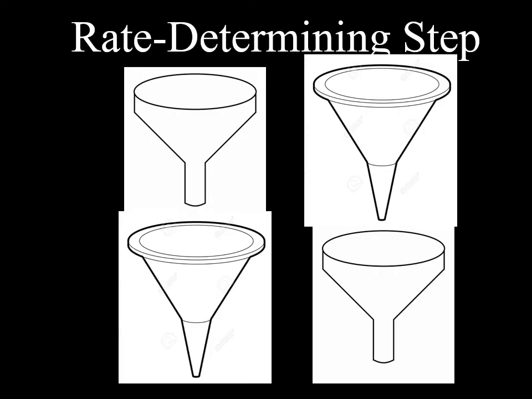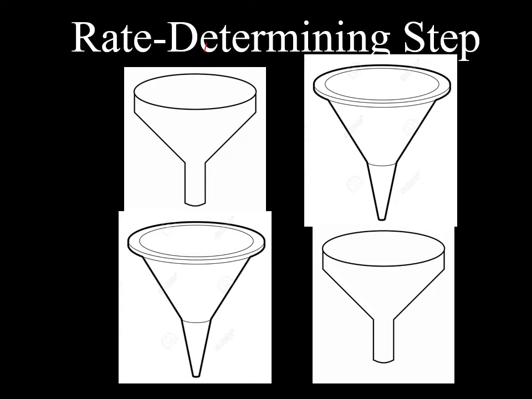All right, what you hopefully got out of that video is that the rate determining step, the slowest step in the mechanism, is the one that's going to control the overall rate of the reaction. So I got two funnels here. Obviously, one has a narrower opening than the other. So when the sand starts pouring through, it's going to get caught in the funnel with the narrower opening.